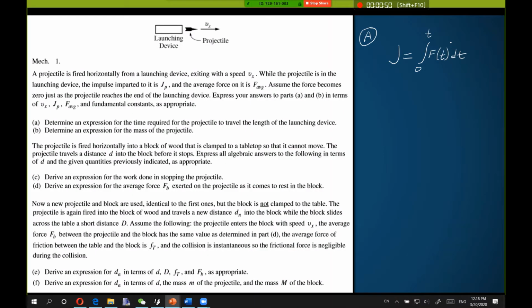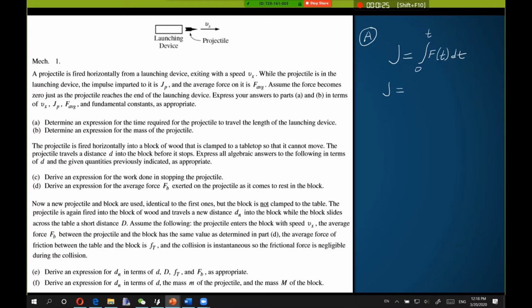And the problem is we don't have that integral, but we can estimate it with the average force. So we could say our impulse is equal to what? Okay, you're not wrong, but we want to solve for time, so I'm going to leave it like this since we've got a time in our equation right now.